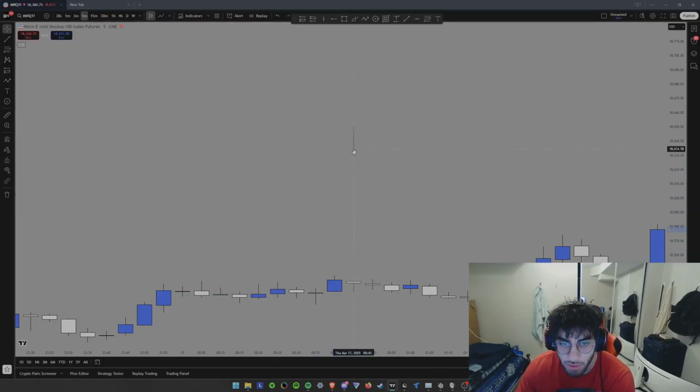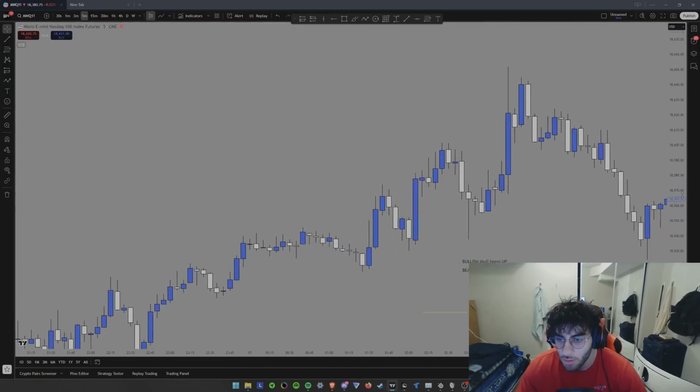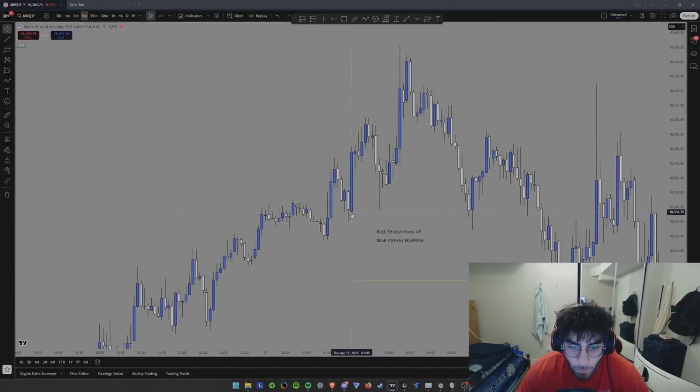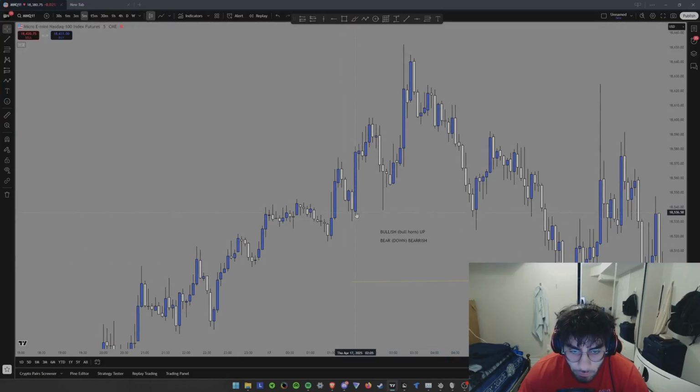I'll give you guys a pretty good example right here. Right here at the start of the 2 a.m. opening, the candle opened right here. Okay. And it opened bearish because it opened high and closed low.